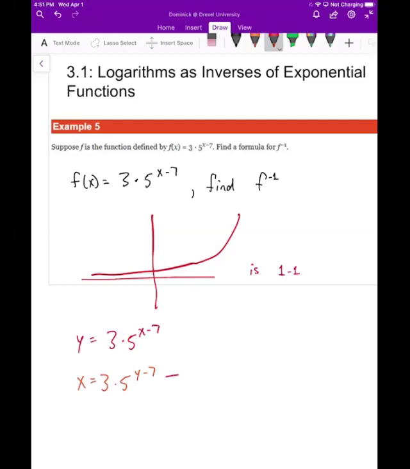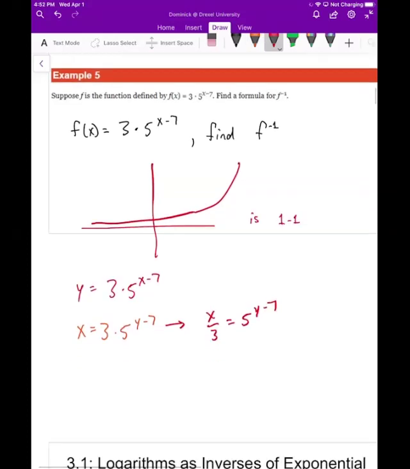So of course the idea is first we'll divide by 3, and then we have 5 to the y minus 7. Now how do I get that exponent out of the way? Well, I use a logarithm, right? So if I convert this to logarithmic form, I have log base 5, the base is still my base, of x over 3, and that's equal to y minus 7, right?